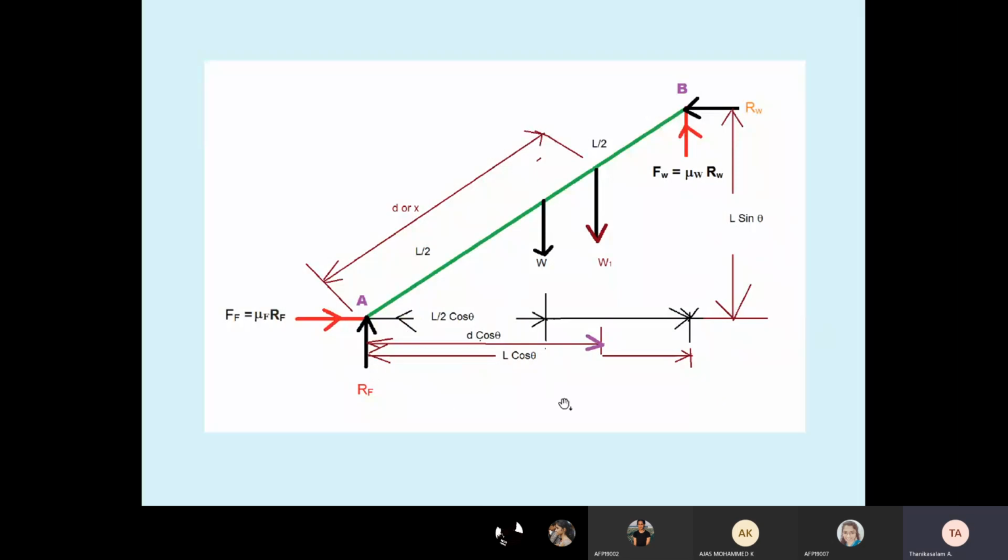This is a complete free body diagram. We removed the vertical wall and floor, and then you see the forces. The weight is acting in the middle, another force is acting at another point on the ladder, and there is the reaction and friction at B. These are non-concurrent forces, like a beam.